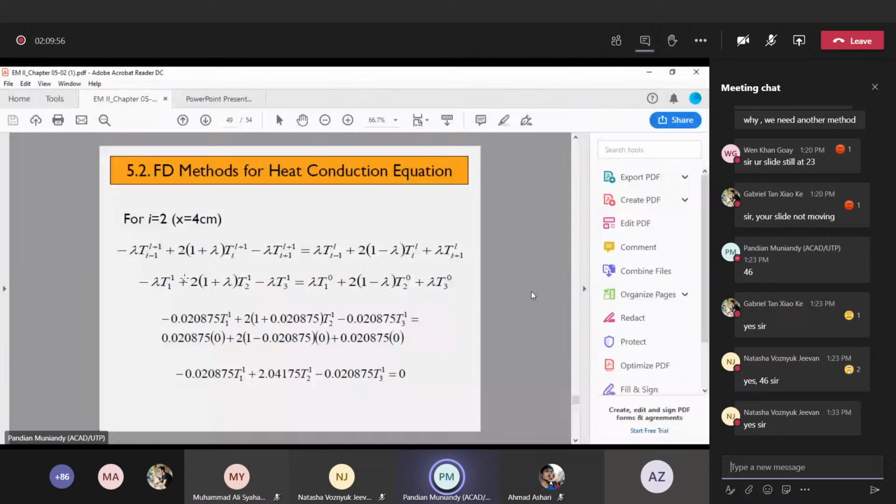So this is T11, T12, T13, all left hand side. Right hand side, lambda T0 0 plus 2, 1 minus lambda, T0 2 also 0, T0 3 also 0. So the right hand side all 0. The unknowns are T1, T2, T3. So you get this equation.